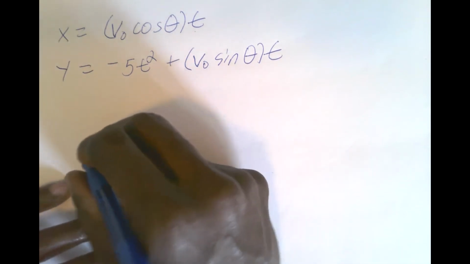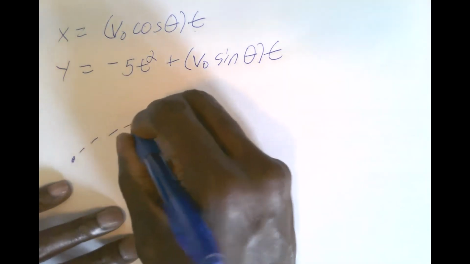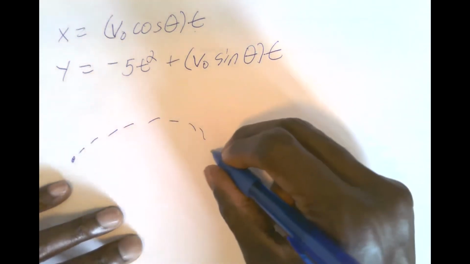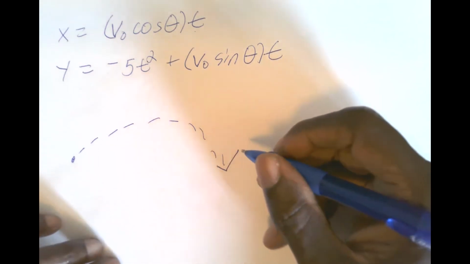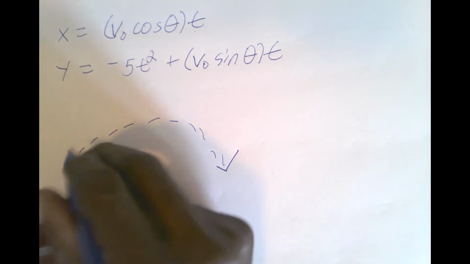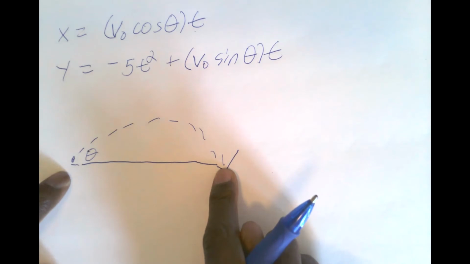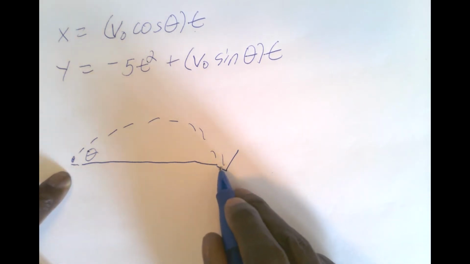Now, how can we choose the right substitution to make? Well, let me just redraw the simulation of the trajectory of this guy. All right, so there he is. Now, I want to find what angle theta to throw this guy where this distance is maximized. I want to know the value of t right when it hits the ground at the very end, because at that time t, it has traveled the full distance.